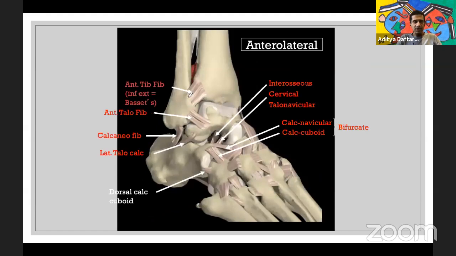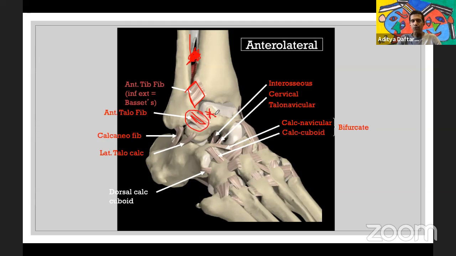On the lateral side, on this anterolateral view, we can see high up here the syndesmotic ligament, and the thickening of the inferior portion, the interosseous ligament, is what we call the syndesmotic ligament. Then you have the anterior inferior tibiofibular ligament, or the anterior tibiofibular ligament. Below that you have the anterior talofibular ligament, which is probably the most important one because it tends to get injured most often in ankle sprains.